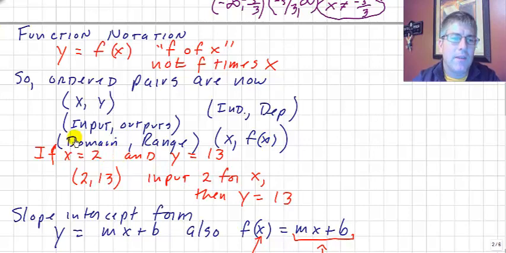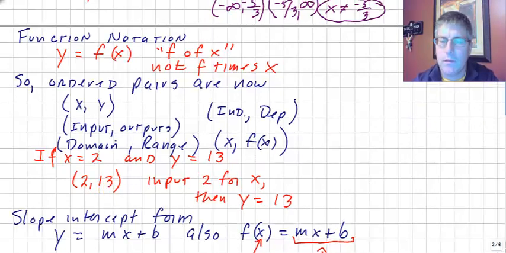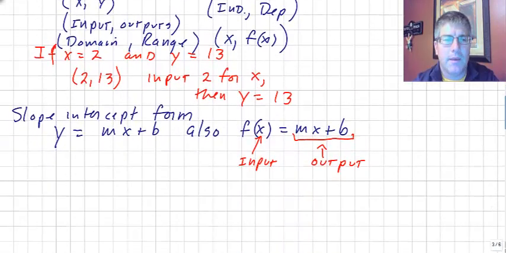So if we have something where x is 2 and y is 13, that would be the ordered pair 2, 13. That means if we input 2 for x into a function, our output, y, will be 13, or f of x will be 13. And we'll do some samples of this in a minute.